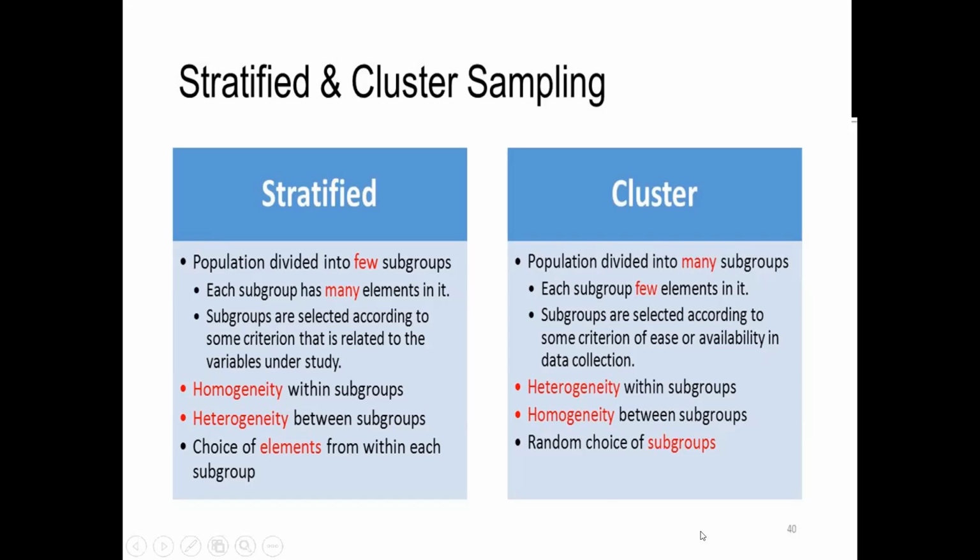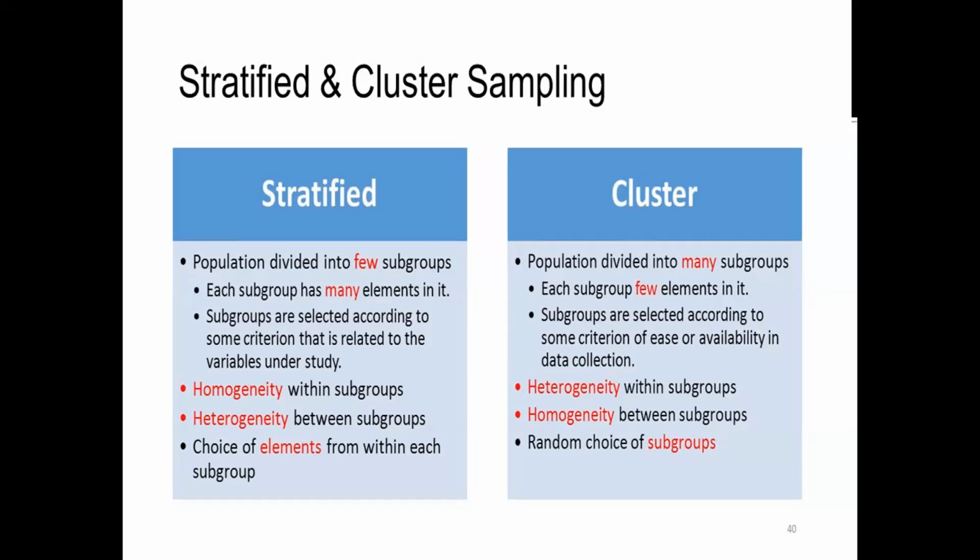In cluster sampling, there is heterogeneity within subgroups, but between subgroups there is homogeneity. In stratified, it is the reverse: homogeneity within subgroups, like gender, so all females, but heterogeneity between subgroups, where there are different groups, like one is male, one is female.